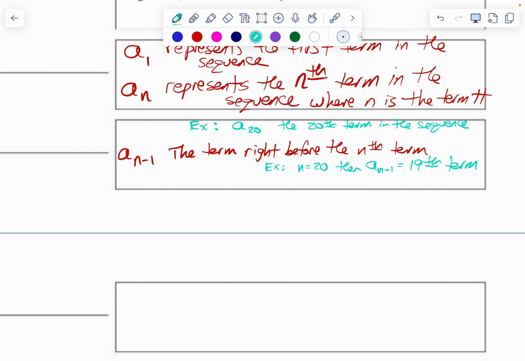In our fabric example, we went up to row 5, and it asked in the table about the 4th row. So what would be the a sub n minus 1 of that situation? That would be the 3rd row, which I think had 5 or something.